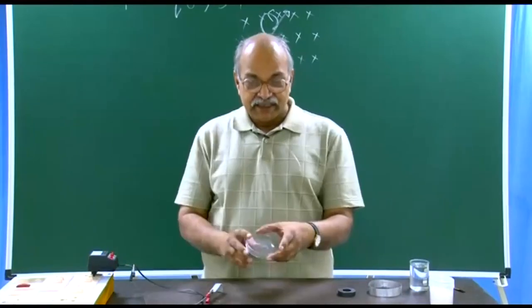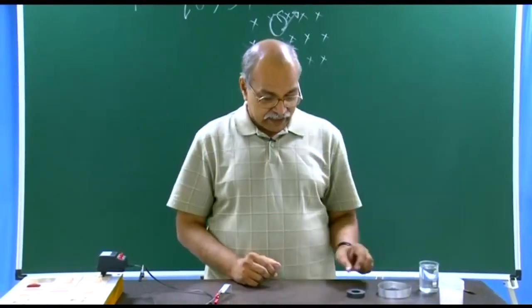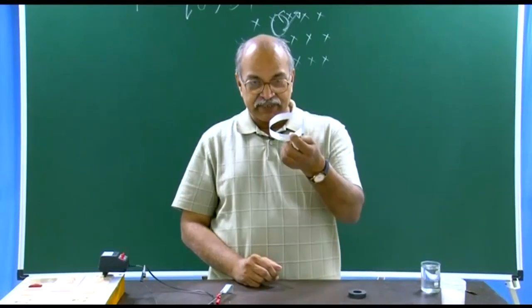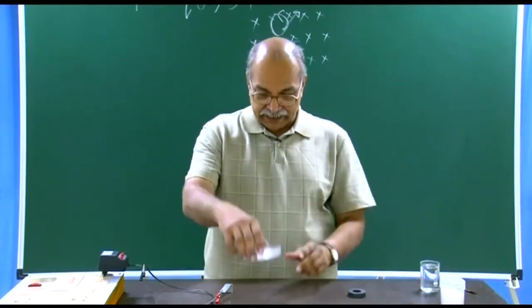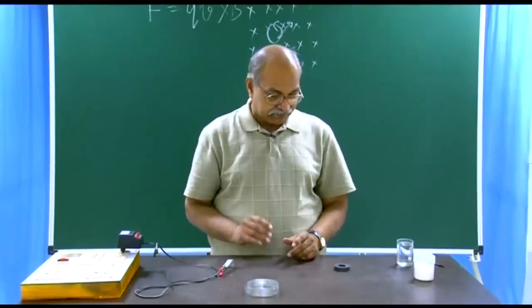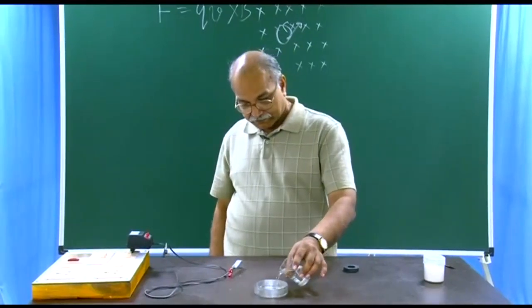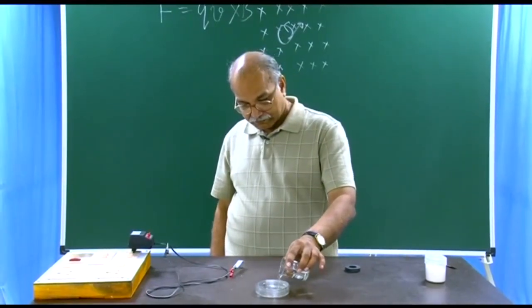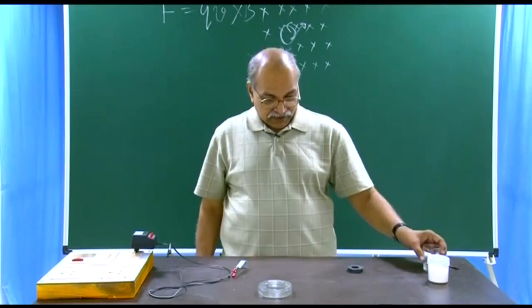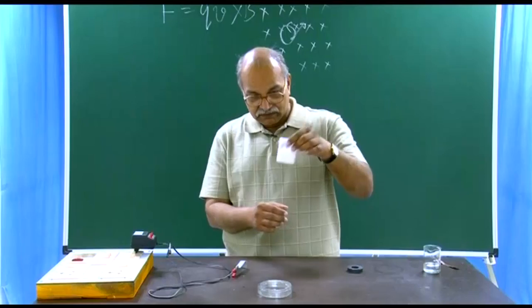I have a Petri dish here and I have an aluminium ring, and I place this aluminium ring in this Petri dish at the periphery. Then I put some water in it. Then I put some table salt.